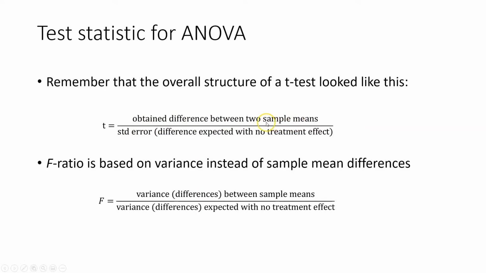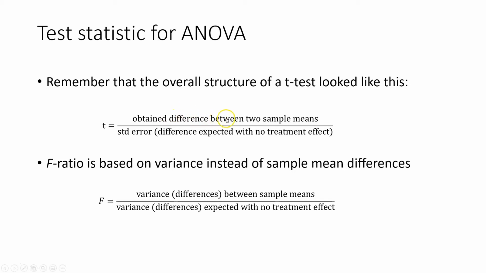Remember, the independent samples t-test was when we took two sample means. Other t-tests were if we took the same sample and repeated it, or if we took one sample and compared it to the population. But the point here is that we had a difference that we obtained in actual units. So one sample might be a mean of 5, and another sample might be a mean of 10. And the difference between those two, between 5 and 10, is 5 units.